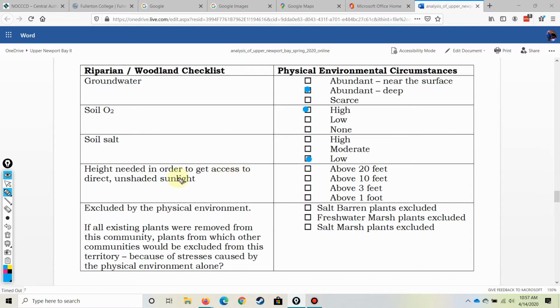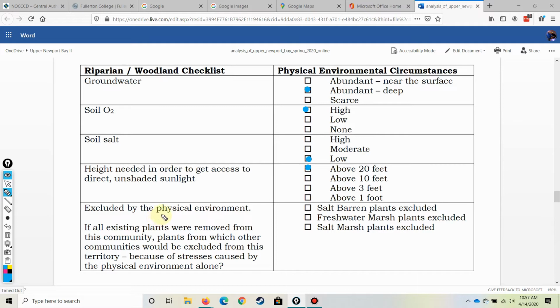Height needed to get access to the direct sun? Well, you needed to be pretty tall. The trees there were 20, 30 feet tall. So if you're a plant living in the riparian woodland, it helps if you're tall. The optimum height would be above 20 feet.